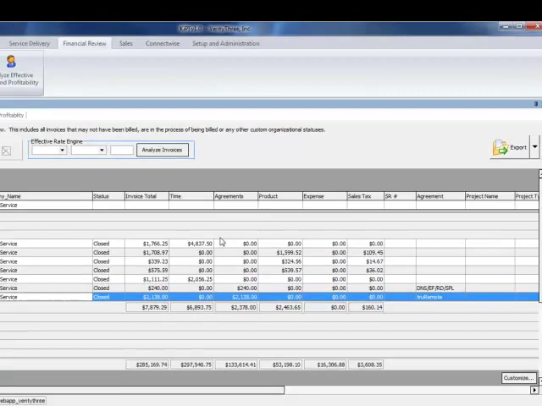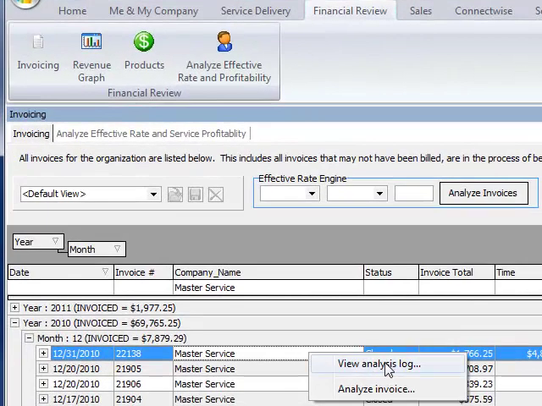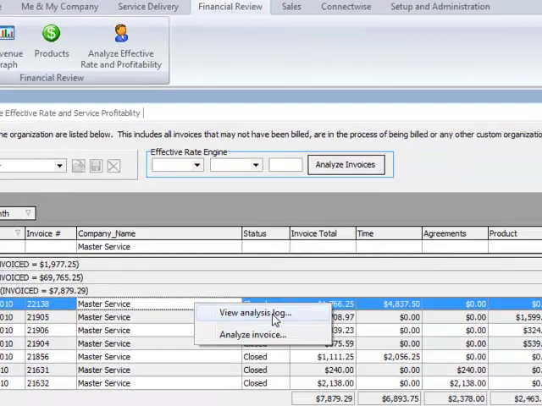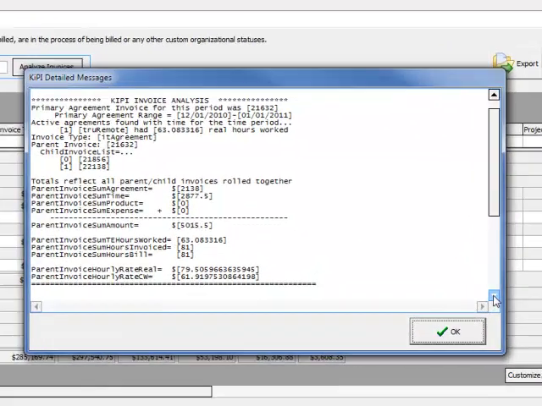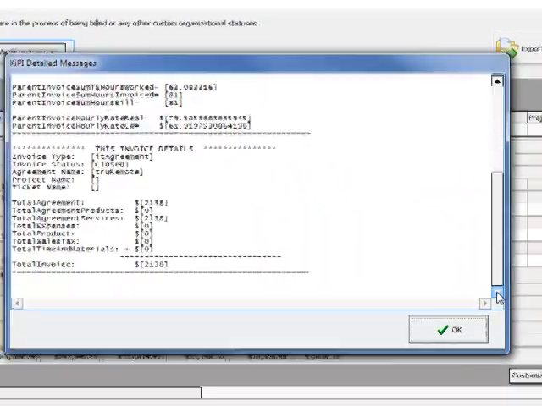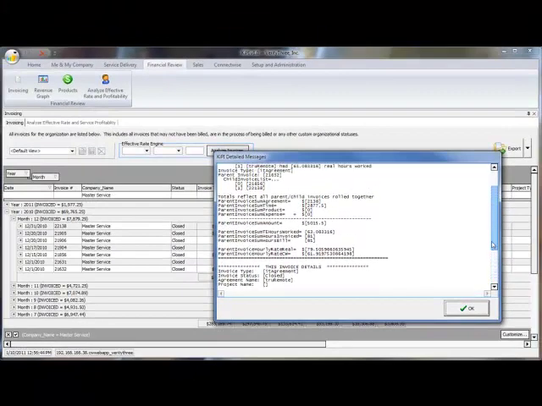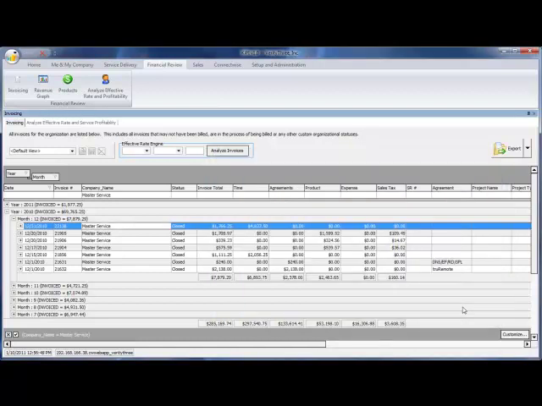When you run this for these agreements, you can run it from any given point, and if an analysis is already run, you can click View Analysis Log, which brings up that same information. So if it's already been calculated for you, there's some very detailed information on the agreement and the element itself, so you can get a sense of how the calculation engine worked for yourself.